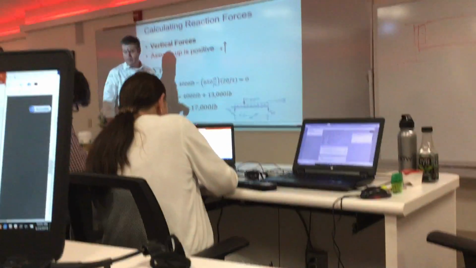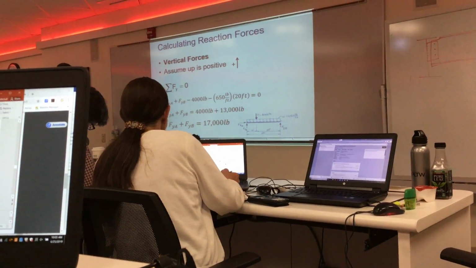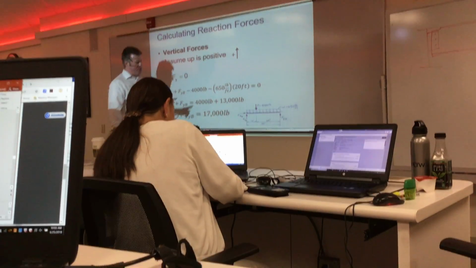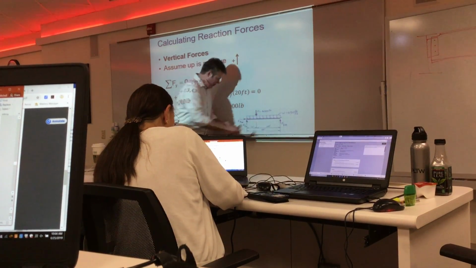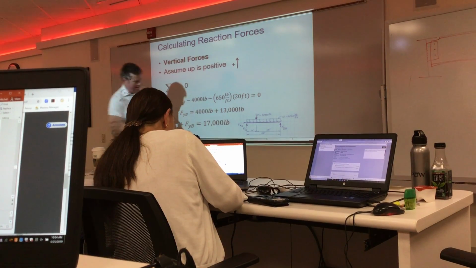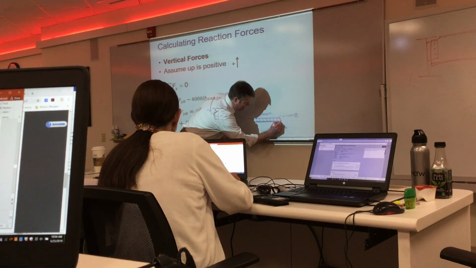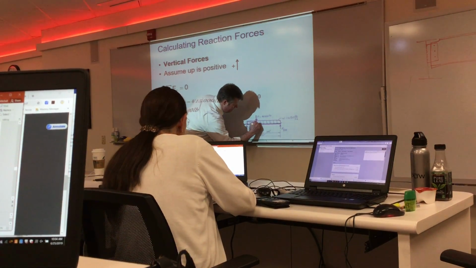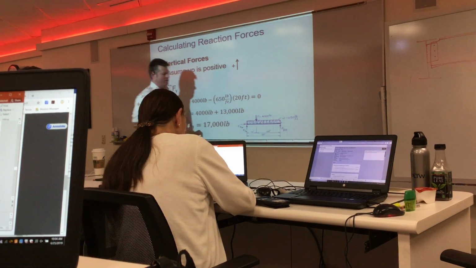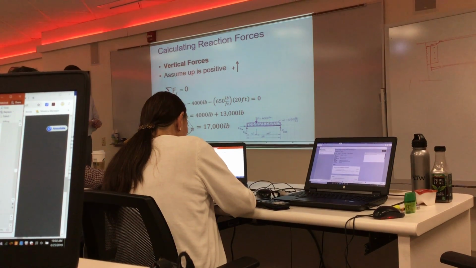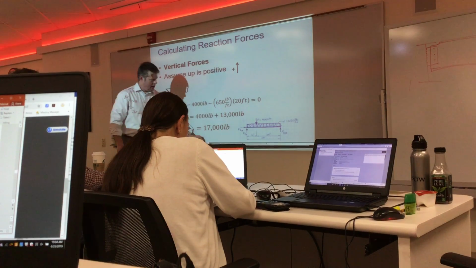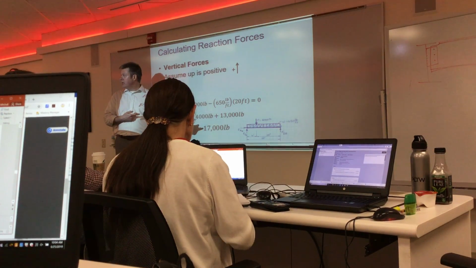So every foot of this beam has 650 pounds on it. Okay? And the way that we can calculate this is we can say that the total load within this block, the total load, is the area of that block that I just colored.